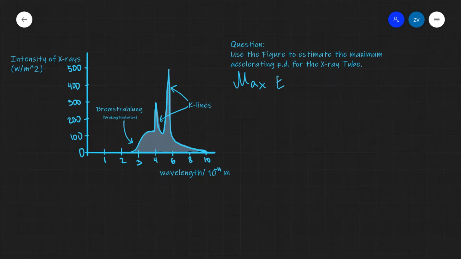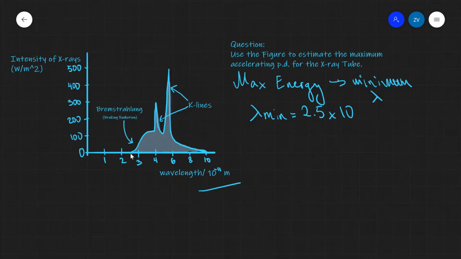Maximum energy actually means minimum wavelength. The minimum wavelength, according to this graph, is approximately 2.5 times 10 to the power of minus 11 meters. So lambda minimum is about 2.5 times 10 to the power of minus 11.